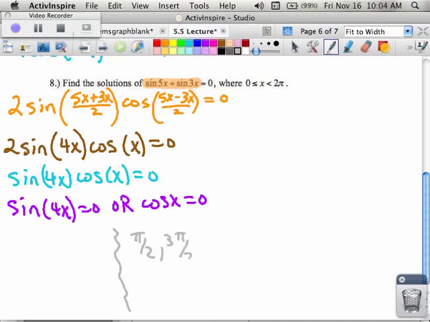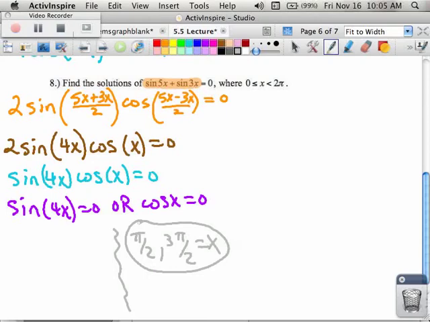I have the sine of 4x equal to 0. And we talked about how this, if we ignored that 4x just for a second, and we said, hey, if that was just a blob, then that means I want to know where the sine is 0.